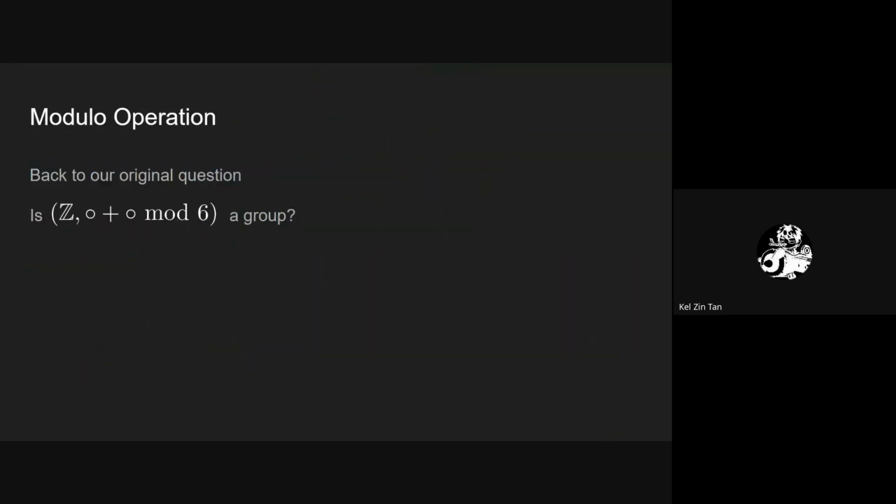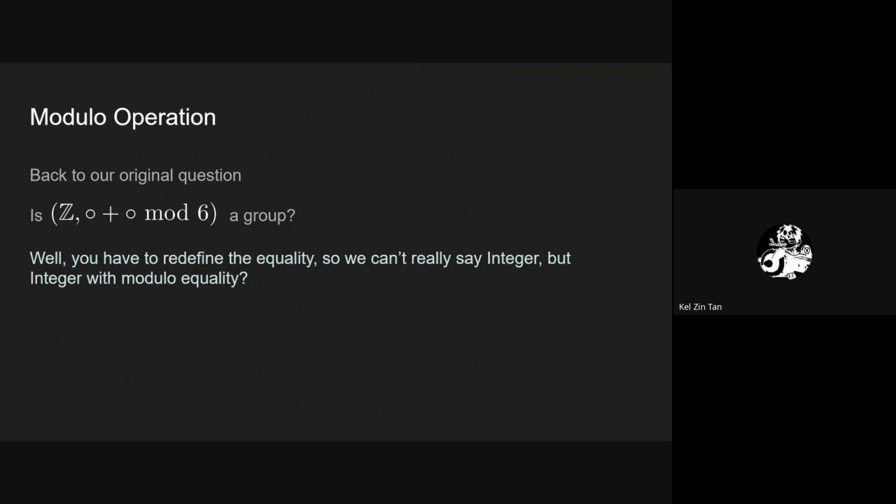And with that, we can come back to our original question: is this a group? We have to redefine the equality to make it a group. We can't just put Z here, in some sense, because in the integers you can't say that 12 is equal to 0. That doesn't make sense.